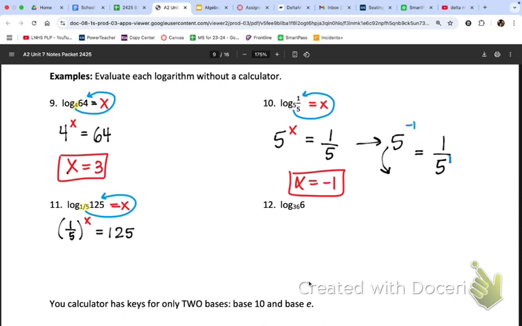So if your base is 5 and you follow over, 5 to the third. I'm going to write it out to the side, okay? 5 to the third is 125. But you can see that your 5 is not in the top of the fraction like that. It's in the denominator. So that means yours has to be not positive 3, but negative 3. Right, okay. Because it's on the other side of the fraction.